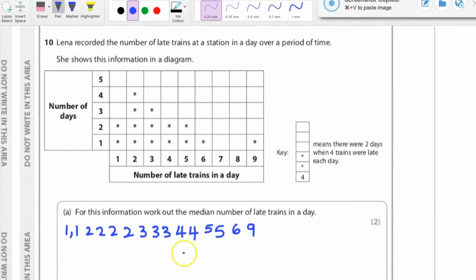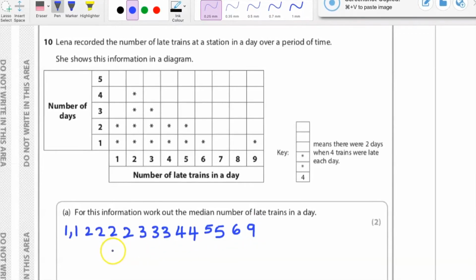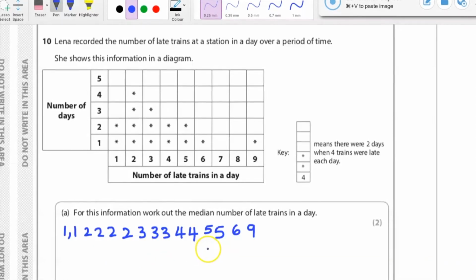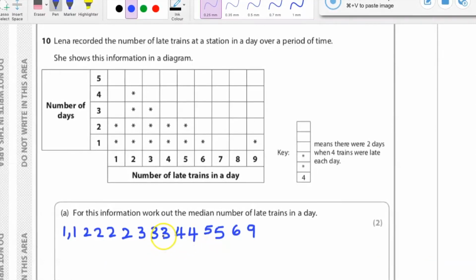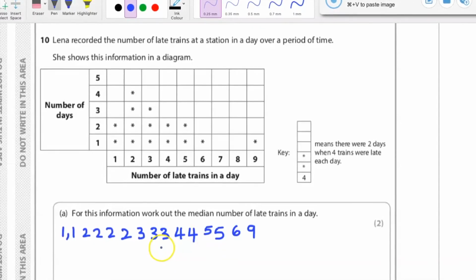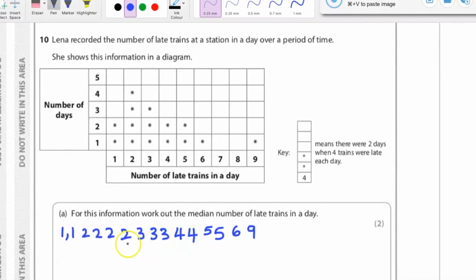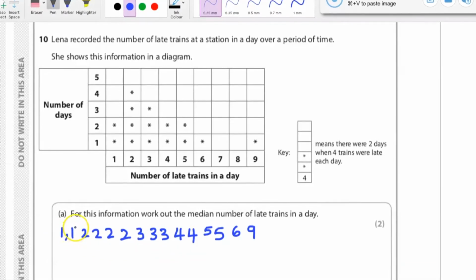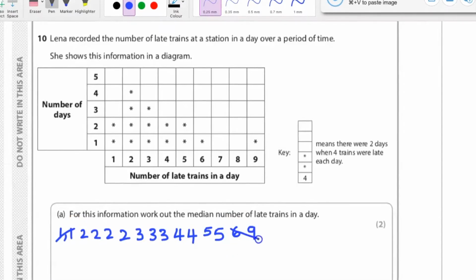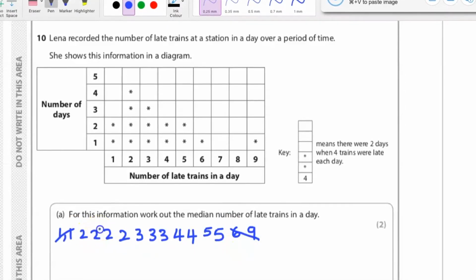So now we need to find the median. If we have an odd number of values, we only have 1 number left in the middle. But if we have an even number, we have 2 numbers left in the middle. The best way is to cross out the ones at the end, 2 from each end, and find out what's left in the middle.